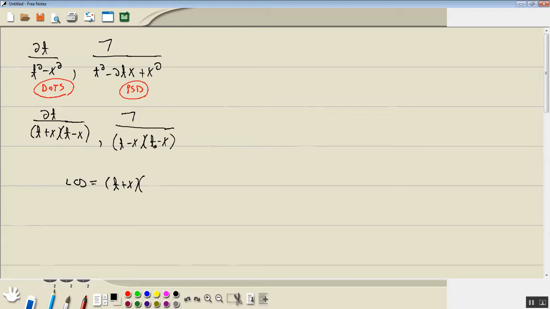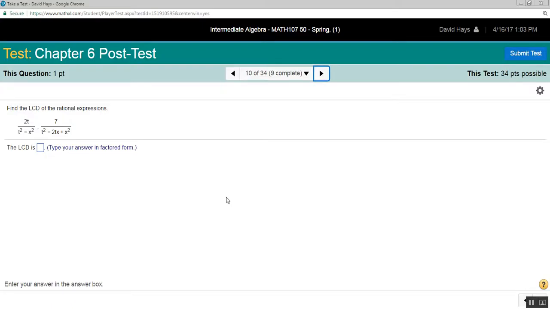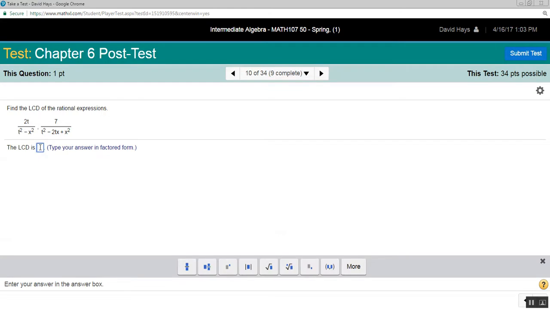There's one here, there's two of them here, so we would have two of them. And they probably write that as squared, so we're going to have t plus x, and we'll have t minus x squared. Okay, so t plus x and t minus x squared.